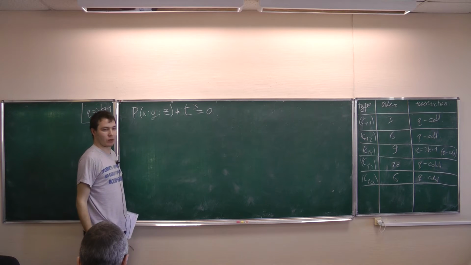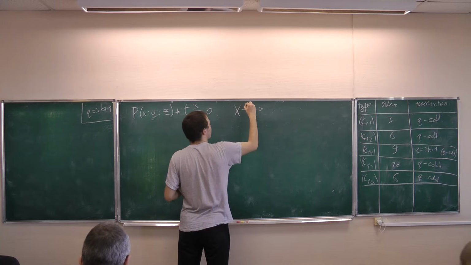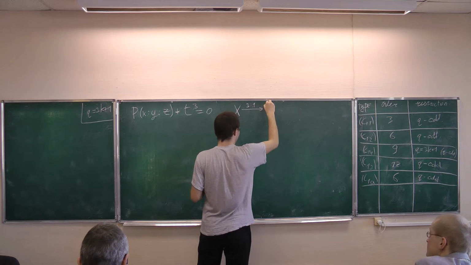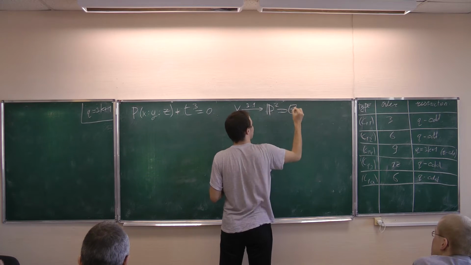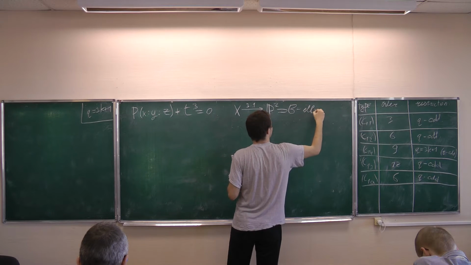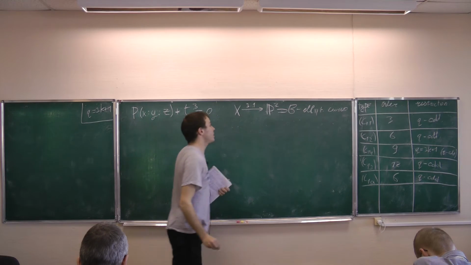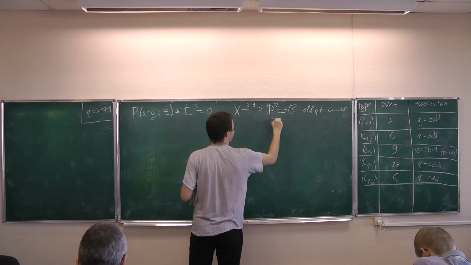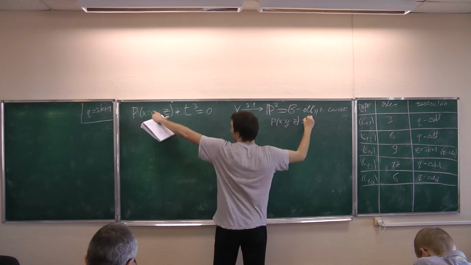Well, what do we have? We have a triple projection to the projective plane P2. And the boundary divisor will be an elliptic curve. This elliptic curve is given by the same equation as this.